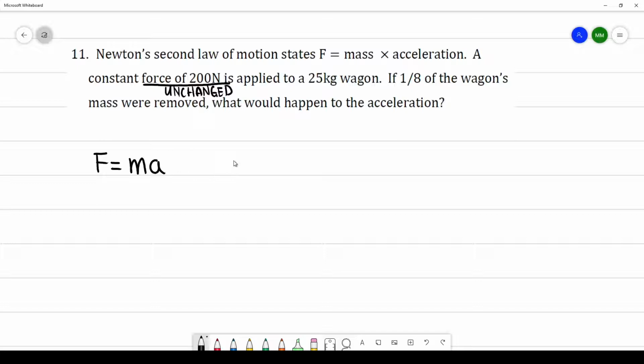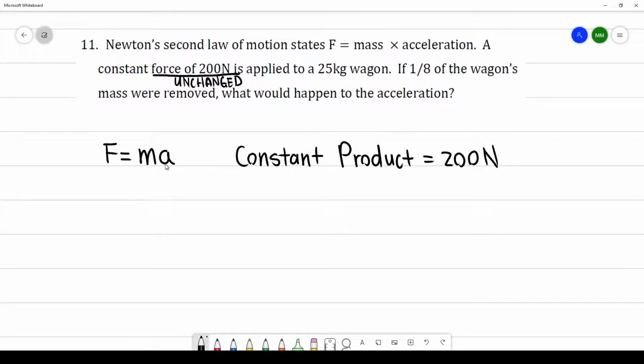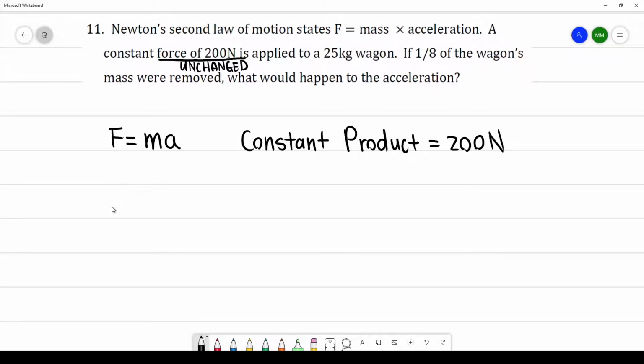So we know the constant product now is equal to 200. Constant force, constant product, same thing. So in order to find the acceleration, we have ma equals 200, right?